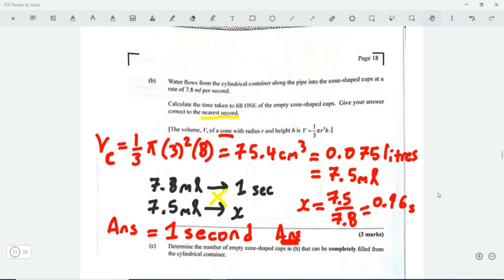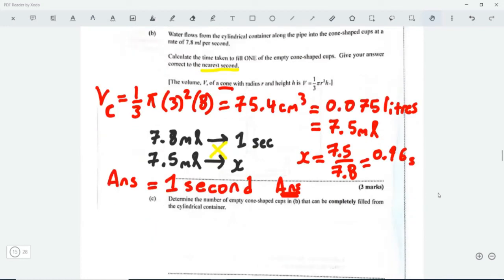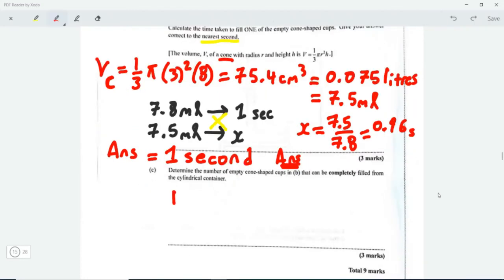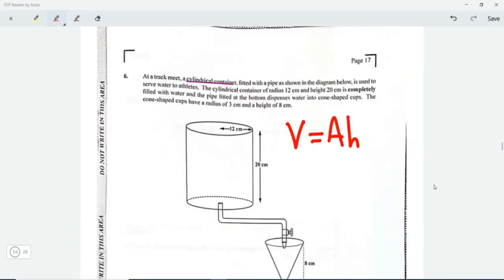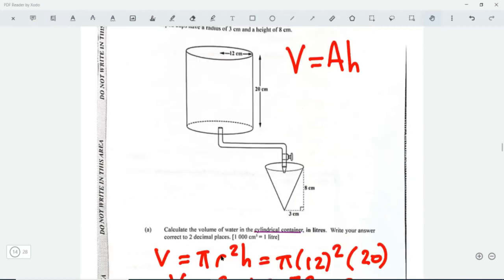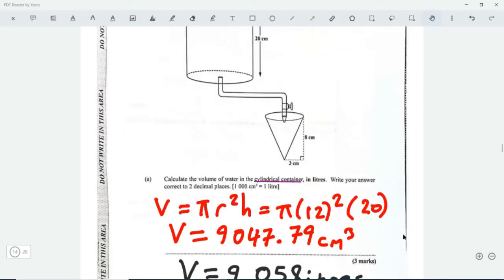So the number of cups, let's call it N, is just going to be the volume of the big container divided by the volume of the cone. The volume of the container we found was 9.05 liters.